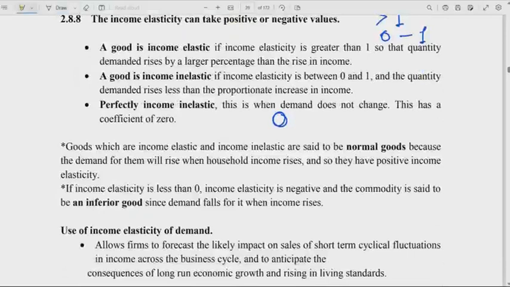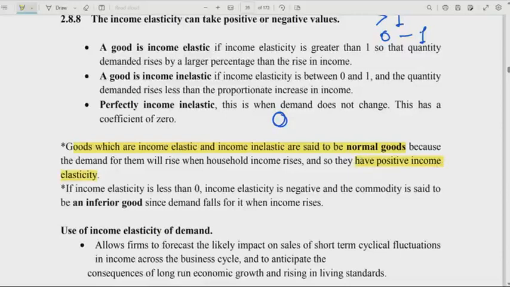Goods which are income elastic and income inelastic are said to be normal goods, because the demand for them will rise when the household income rises. So they have a positive elasticity. We introduced the term normal goods, right?